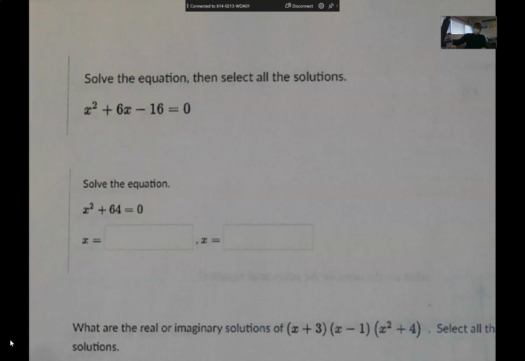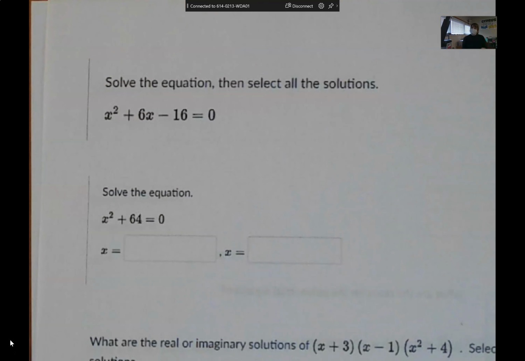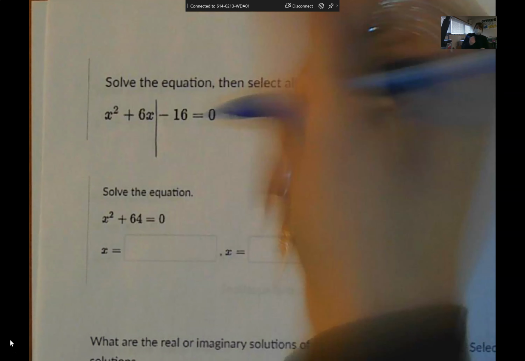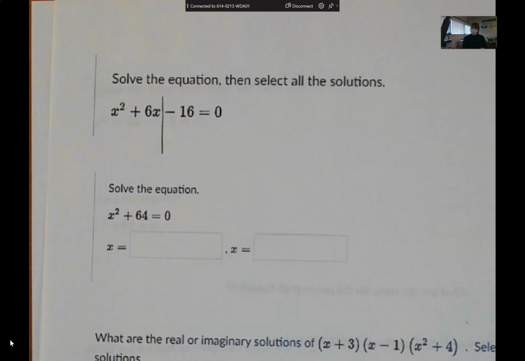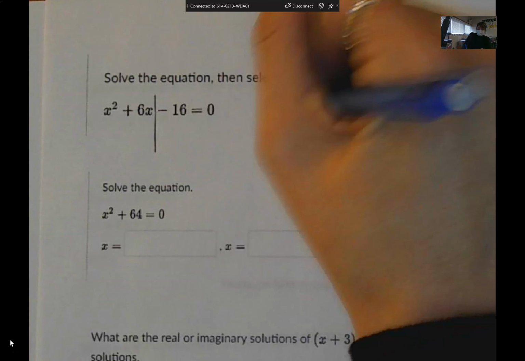The first review problem says, solve the equation, then select all of the solutions. Well, to solve the equation, we got to factor it first. And this is one of those ones where you have to split it and list all of the factors. Do you guys remember that? If you're late, your paper's there on the edge of the table.